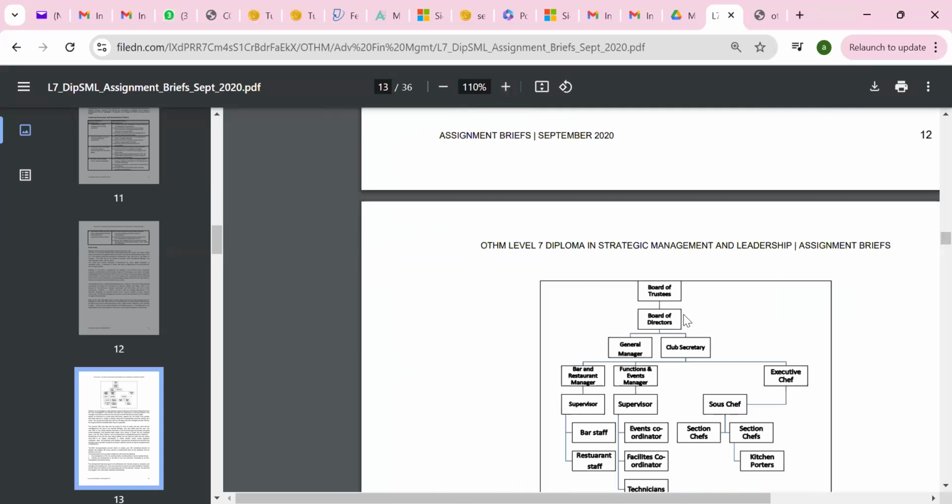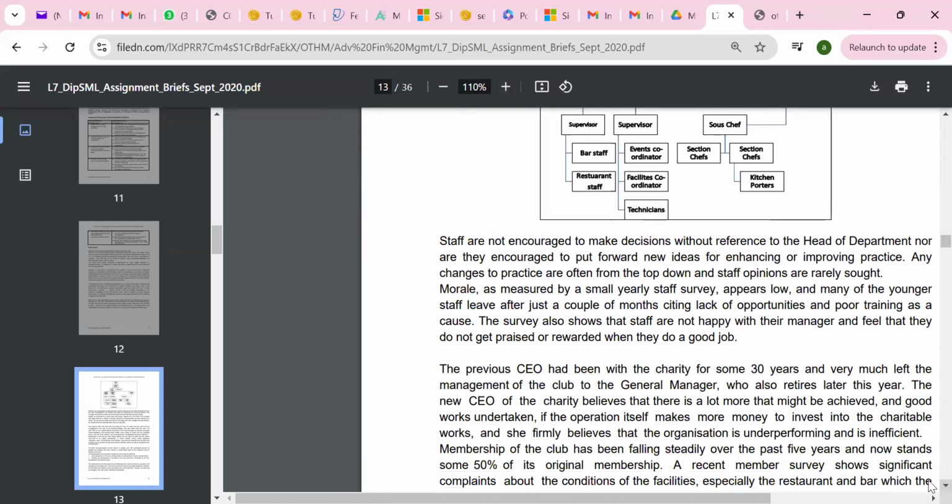You've been given the organization structure, which can be argued as tall or flat, and we had a discussion on that in our lesson. The CEO of the charity is leaving the management, and the club general manager will also retire later this year.